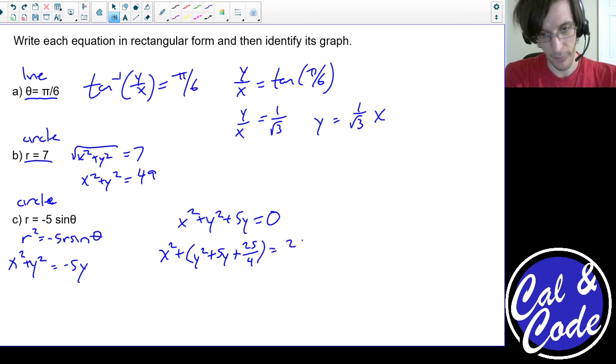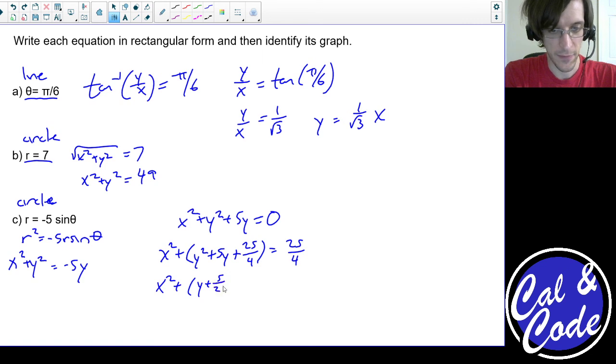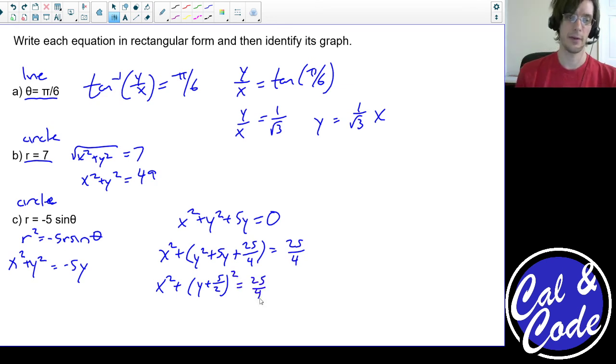To do that, I got to put 25 fourths on the other side to keep this thing equal. Then when I factor, that gives me y plus 5 halves as my perfect square. Boom, there we have it, our circle.